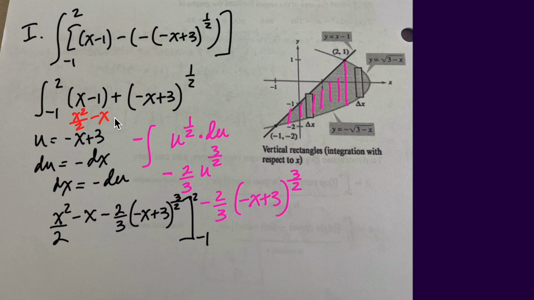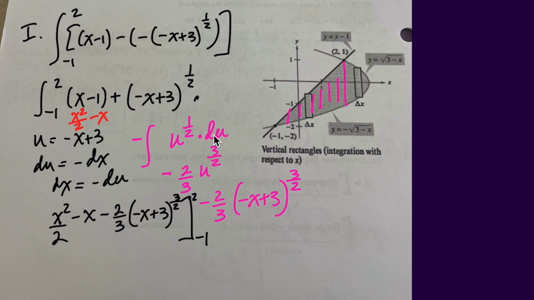Okay, now with respect to this part, we're going to use u substitution. We're going to let u equal negative x plus 3. du is going to be negative dx. dx is negative du. We're going to pull the negative out front. There's your du. The negative du was your dx. Technically, there should have been a dx here. I apologize.